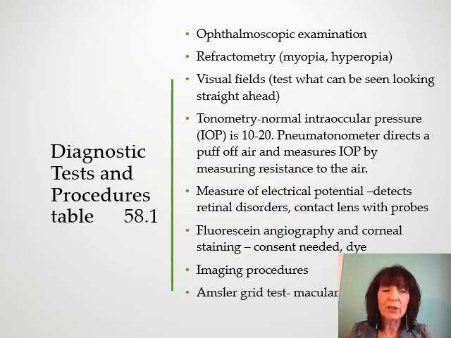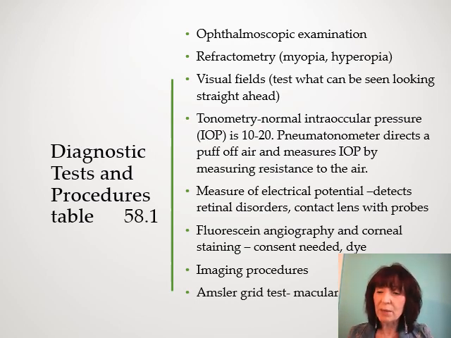Now, one thing, notice if it says on the angiography part, that for fluorescein angiography, a consent is needed because dye is going to be put into the eye. And there's a really good picture on page 1146 if you want to see a fluorescein angiography, showing all the little blood vessels in the eyeball.